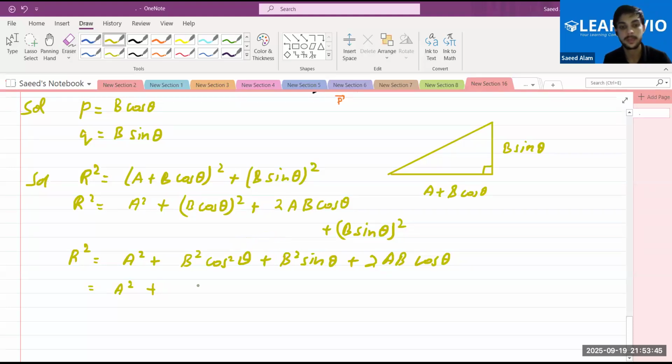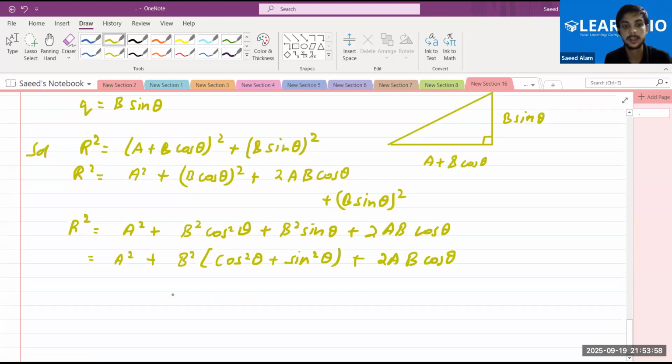Yes or no? Yes. If I take the b square, I'll get a very nice thing inside, that is cos square theta plus sin square theta, and 2ab cos theta will be over here. And will cos square theta plus sin square theta become equal to 1? Yes. This is 1.